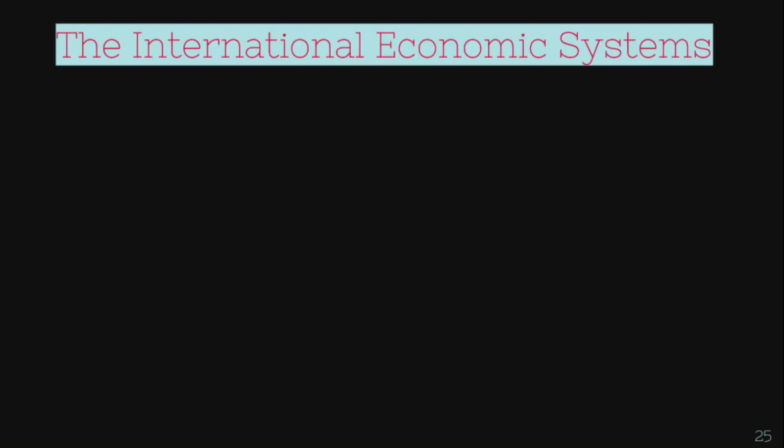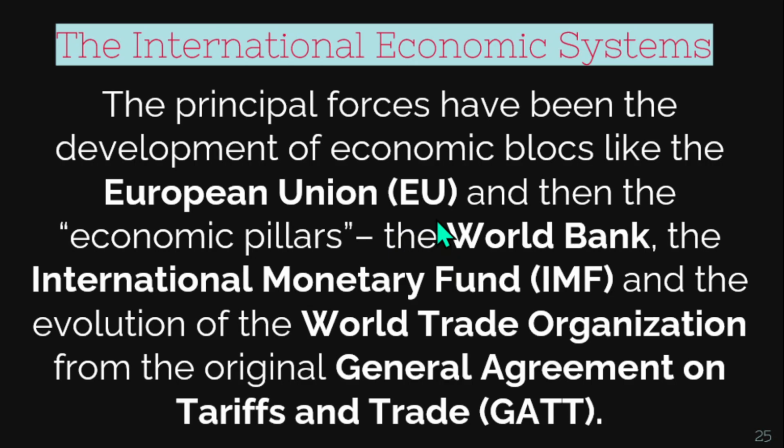Now, let's proceed to the discussion of international economic systems. So, the principal forces ng development ng economic blocks. Okay, when we say economic blocks or trade blocks, ito yung mga intergovernmental agreements na often part of regional intergovernmental organizations wherein binabasag or tinatanggal nila yung mga barriers to trade.